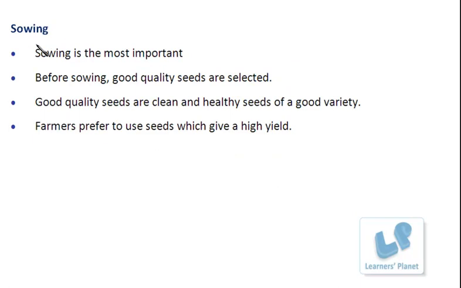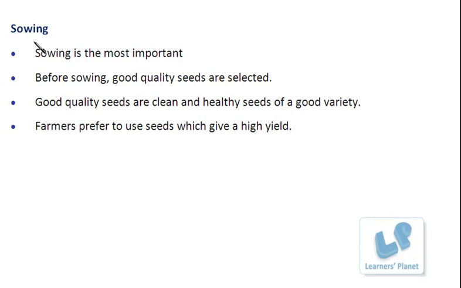So students, now let's discuss the sowing. This step, sowing, is the most important step. You know why? See, sowing is a process in which the seeds are actually placed at a correct position in the soil, in the loosened soil, right, and is covered up with the soil further.